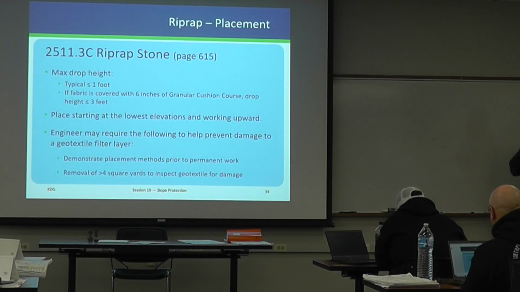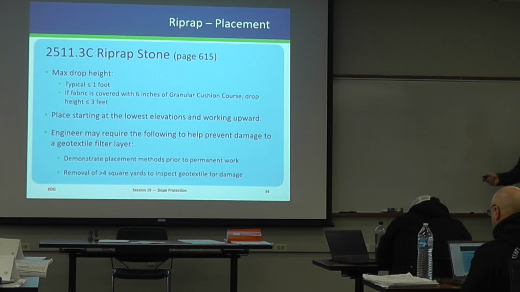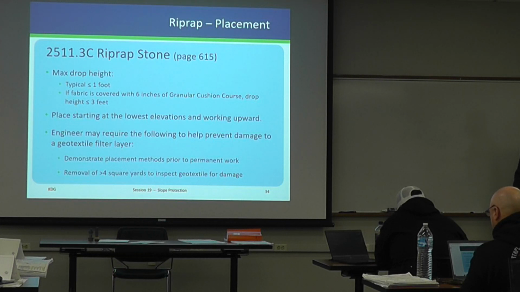So when you're placing the riprap, you've got the fabric material down. Everything's been graded before that's been placed. So now the contractor's bringing the material out. We've got a limit of 1 foot drop on that. Why would you have a max drop of rock? You don't want to be damaging the filter material, right?